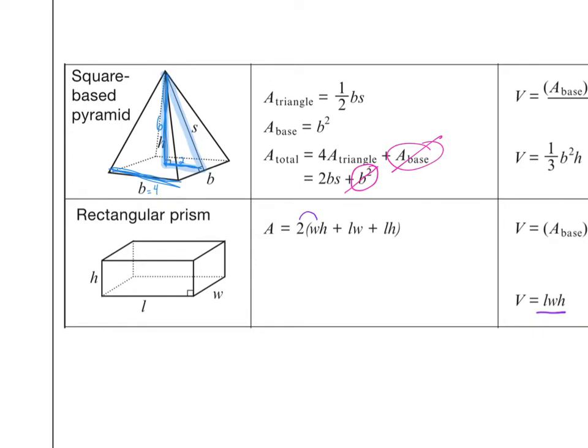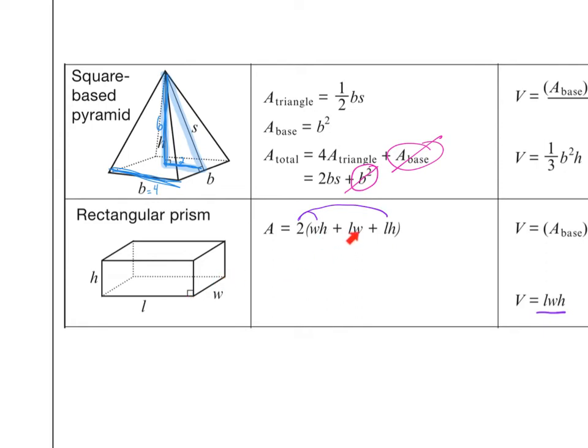And the length and the height, so the length times the height, that's the front. And the front will be the same as the back, so that will get multiplied by 2. But the length and the width, here's the length and here's the width. So that's the bottom and the top.